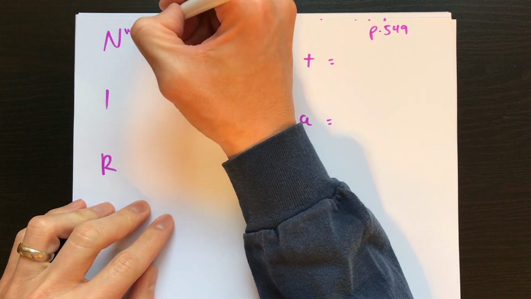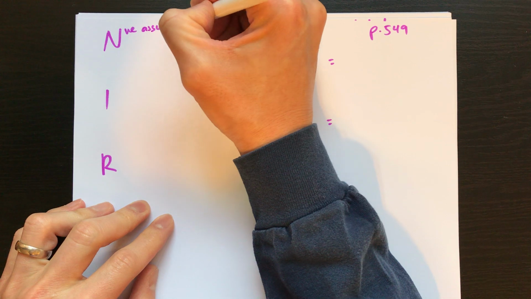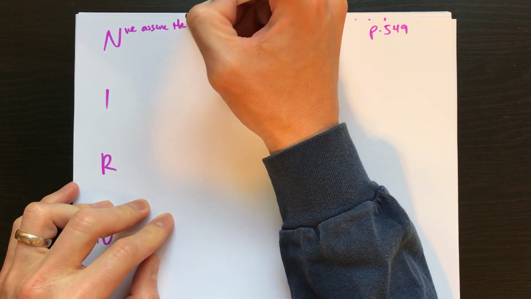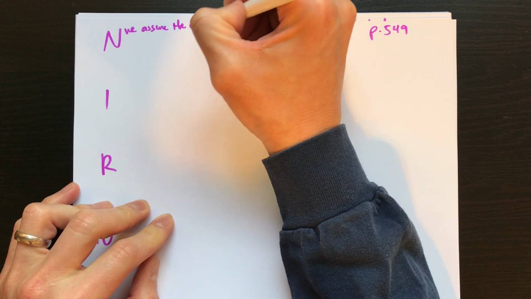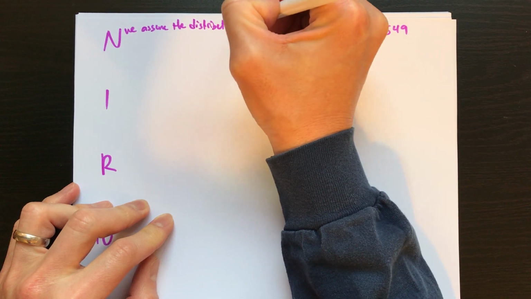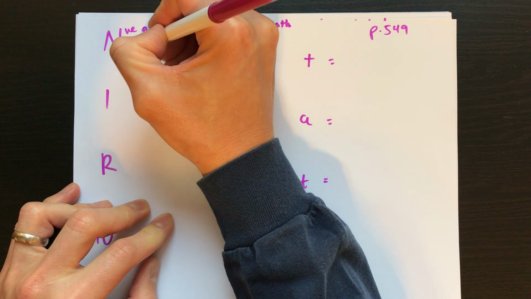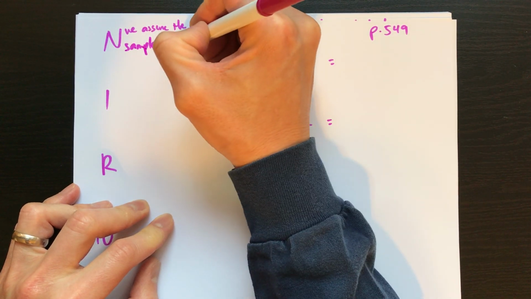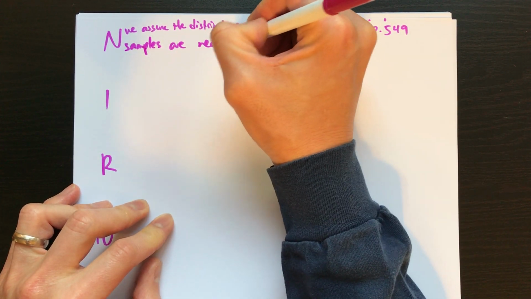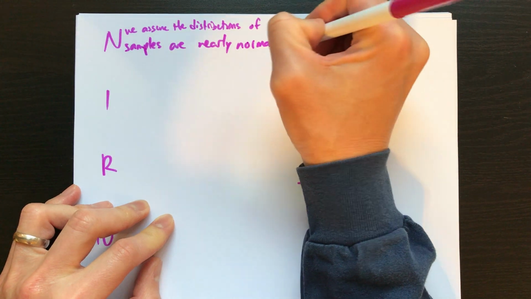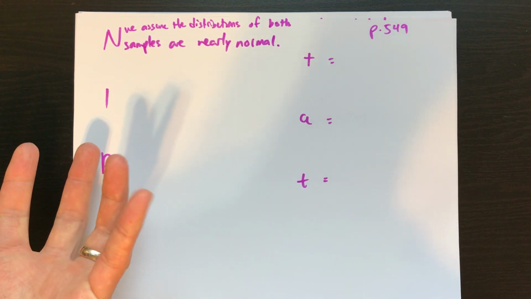We have 2 samples. We assume the distribution of both samples are nearly normal. We don't know what they look like because we don't have the raw data, but we're just going to assume, okay?